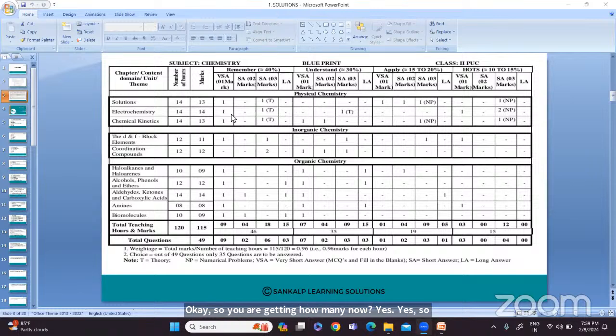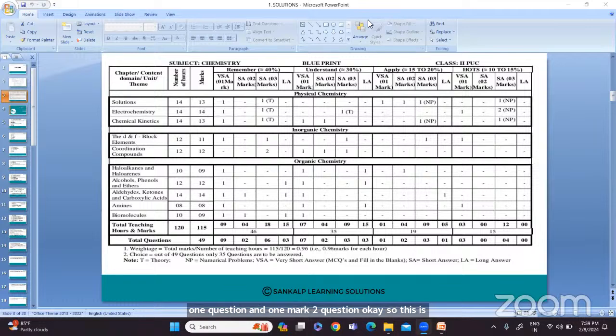We have solved MCQs and seen the fill in the blanks. Next we are going to see the 2 marks, 3 marks theory, and 3 marks numerical questions. So totally 13 marks. Out of three 3-mark questions, two will be numerical, one will be theory based, and 2 marks one question, and 1 mark two questions. So this is the mark distribution.